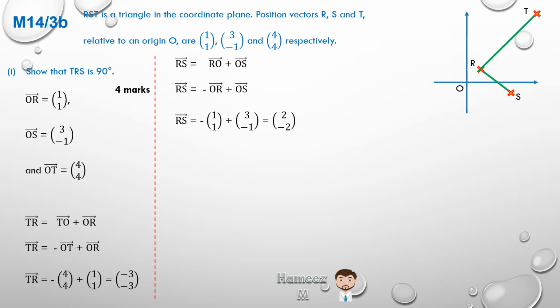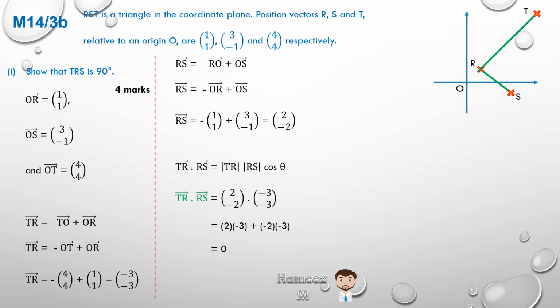So now that we have TR and RS, we can use the dot product or scalar product. So TR.RS is equal to mod TR, which means the length of TR, mod RS, mod means modulus, or length of RS, cos theta. We can substitute, so it's going to give us (2, minus 2) dot (minus 3, minus 3), which works out to be 2 times minus 3, plus minus 2 times minus 3, which works out to be 0.